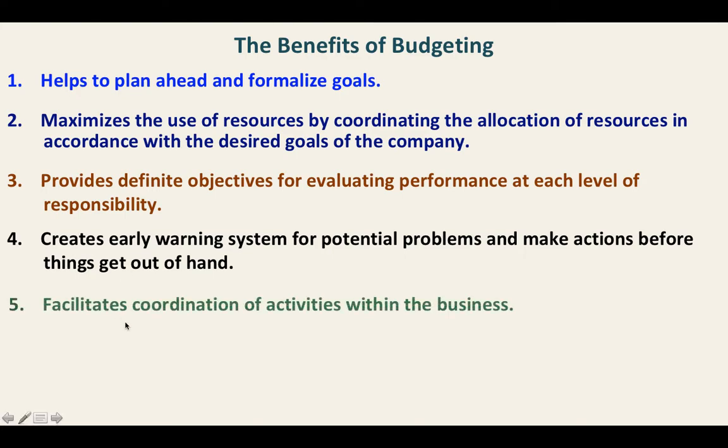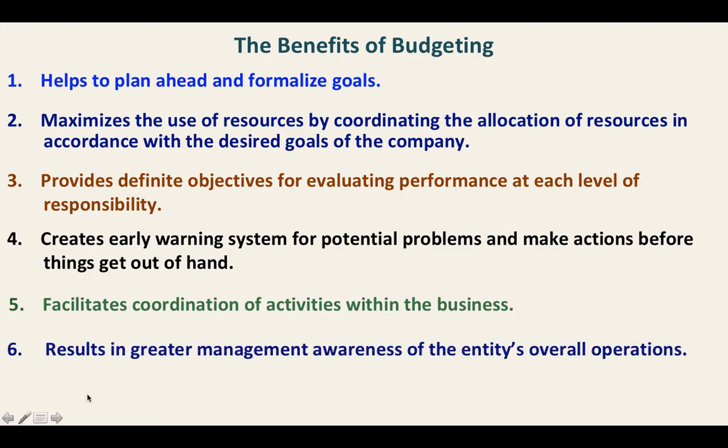Number five, it facilitates coordination of activities within the business. If we have a budget, we can have coordination among the departments. Number six, it results in greater management awareness of the entity's overall operations.